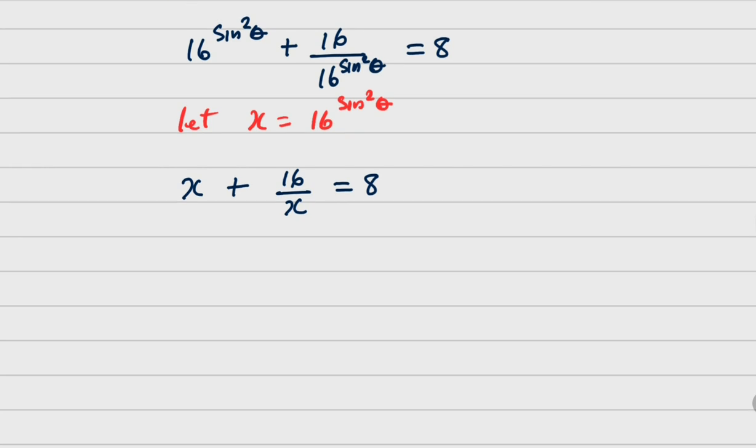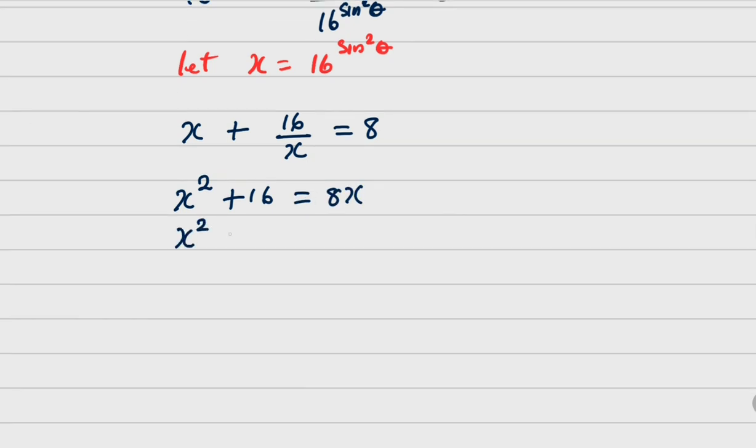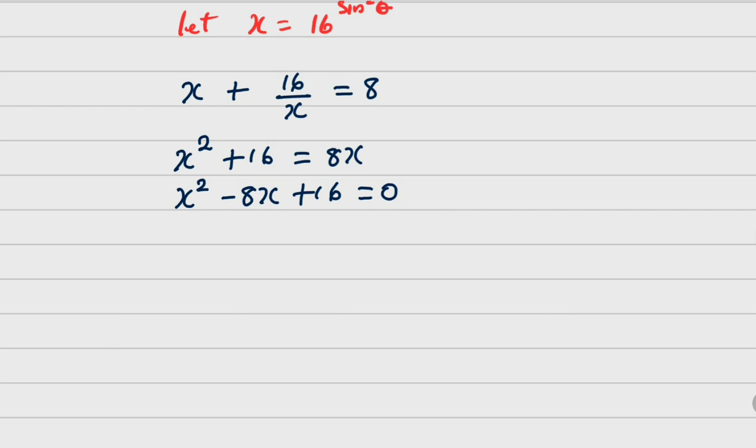Multiplying through by x, I'm going to have x squared plus 16 is equal to 8x. So that I have x squared minus 8x plus 16 is equal to 0. Now, you agree with me that this is a perfect square equation.